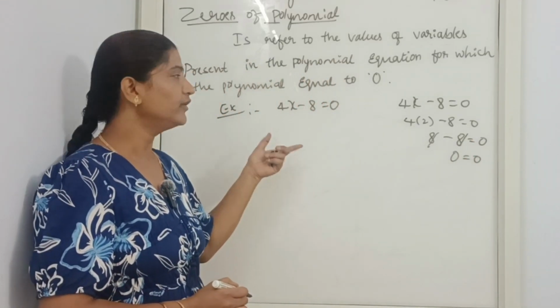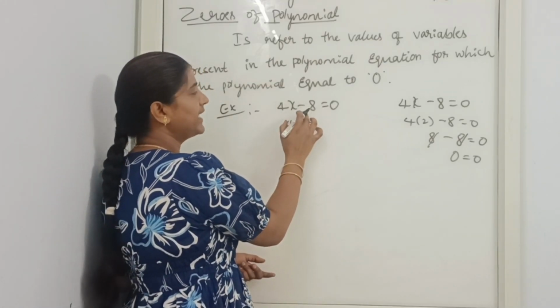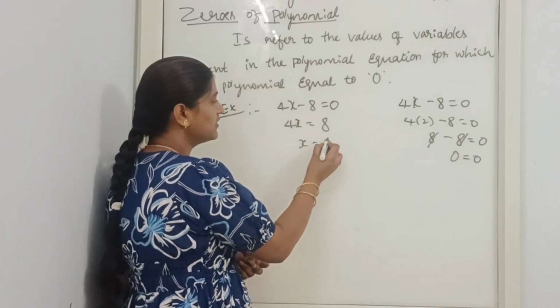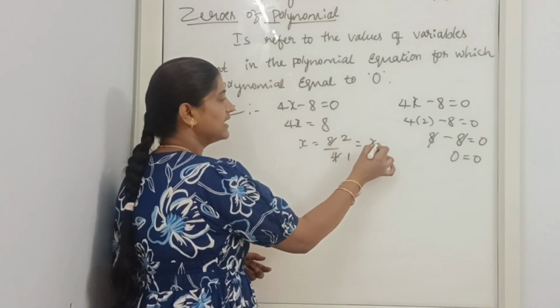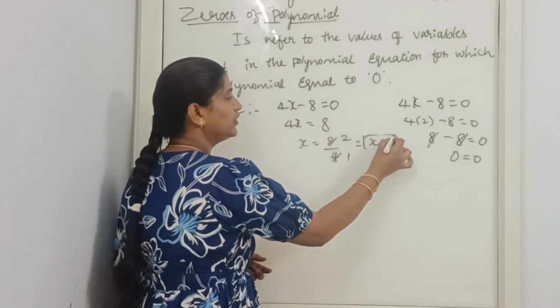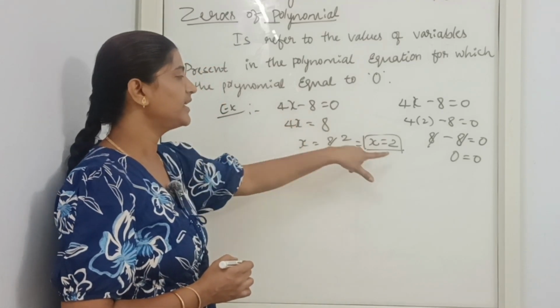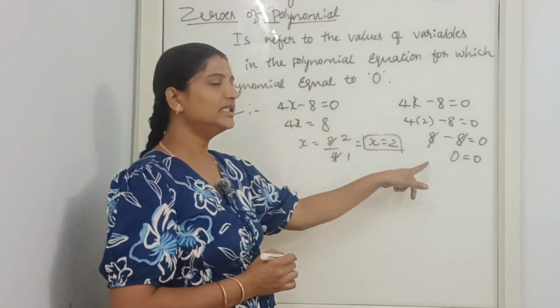But here we need to find it by equating to 0. 4x, if the plus 8 is transposed, it becomes minus 8, and x is equal to minus 8 by 4, which is minus 2. So if you keep this value in the place of x, then this equation is equal to 0. We have done it here already.